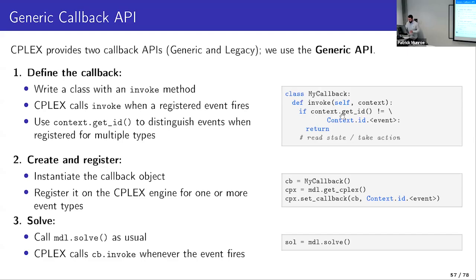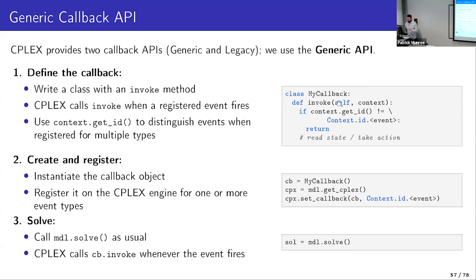One part that is very important is this context object. You have to create the invoke function with the context object, and then you check at the beginning the ID of the context, which tells you which event you're in at this moment. Usually when you create a callback, you register it with self callback, and you specify at which event or events you want the invoke function of my callback to be called.